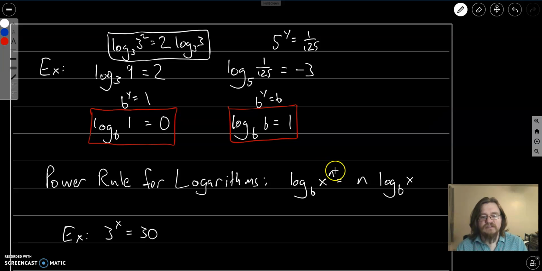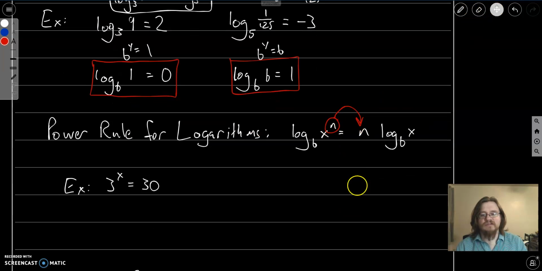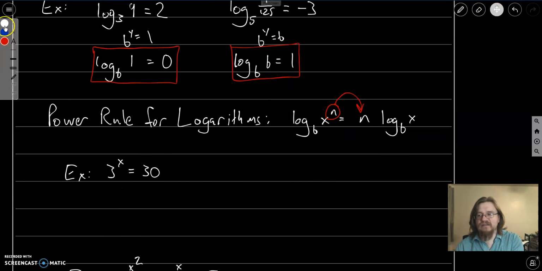Essentially, this exponent up here comes down front if we're taking a log. And this is what we'll use to solve, for instance, this last question. So before, we said that we don't really know enough to be able to say 3 to the x power is equal to 30. What is x? Well, what we'll do is we will take a log of both sides. And in particular, I'm going to use log base 3.